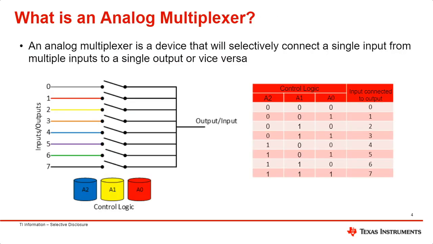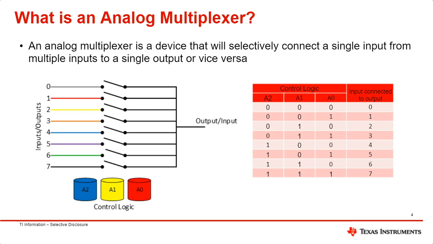Here we have an 8x1 multiplexer, 8 inputs, 1 output. Of course, since they're bidirectional, you can also see it as 1 input and 8 outputs, but in this example we'll use 8 inputs and 1 output. The way you choose a switch is through these control logic pins.